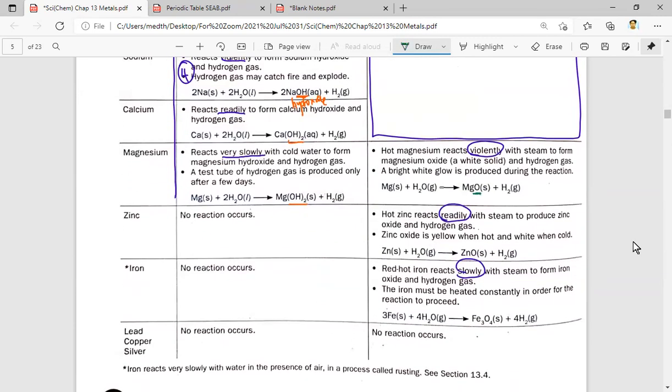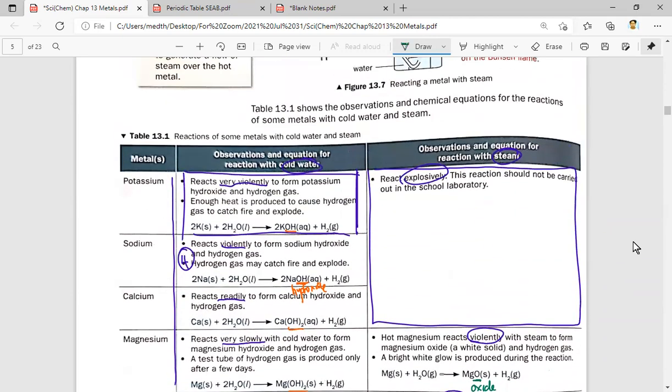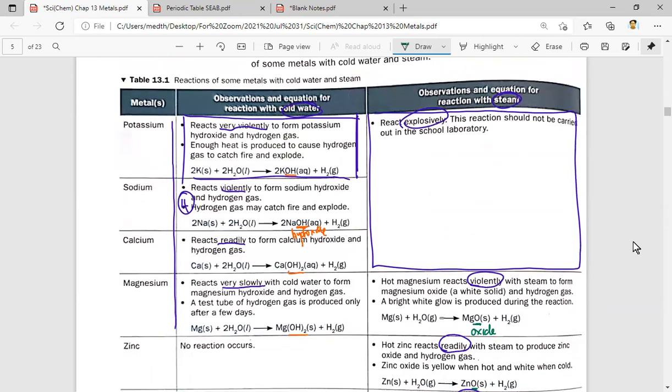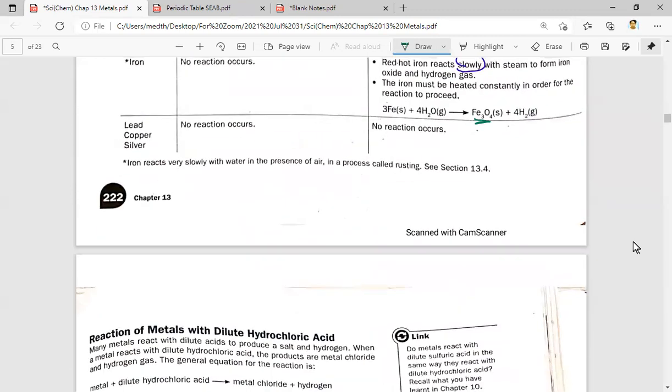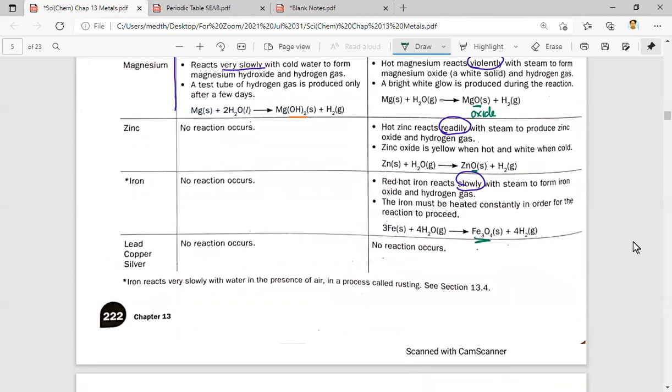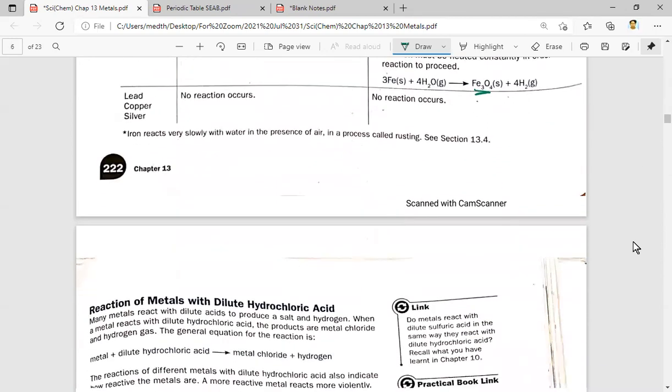Can you see this oxide? It's not a hydroxide because it's only O, it's not OH. Same thing here, you can see oxide, zinc oxide, Fe3O4, this iron oxide. So when I react the metal with steam, I don't get hydroxide. I actually get an oxide instead. You must be able to differentiate between these two. Sorry for nagging on this, but this is generally what people tend to miss out. So be careful on it.